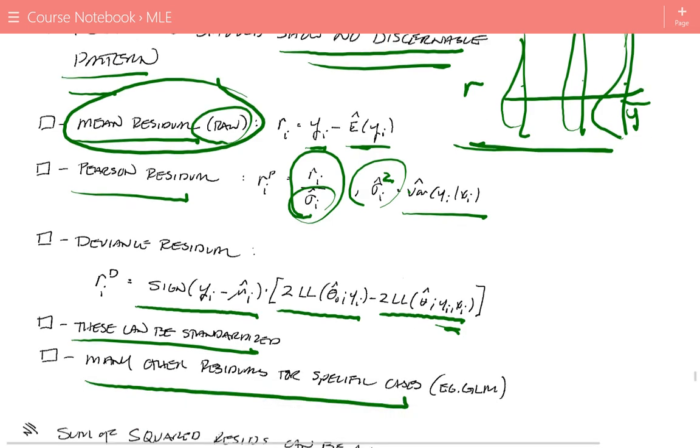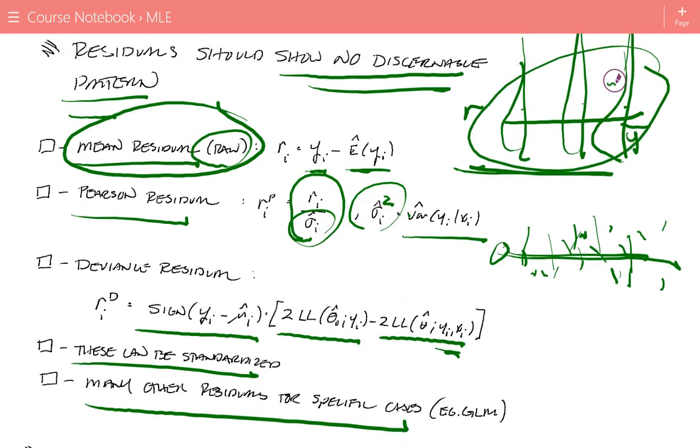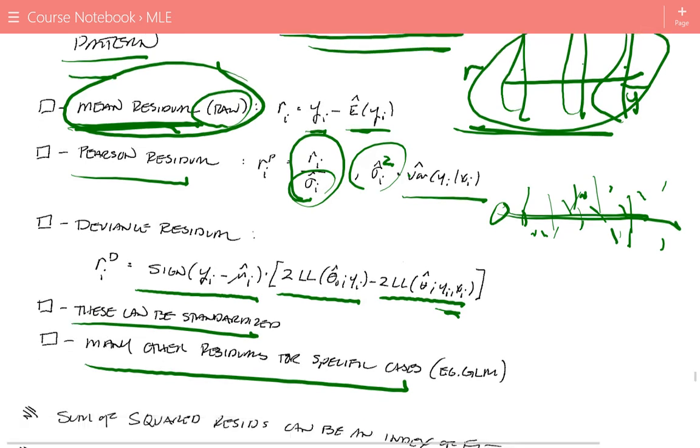Or if it's supposed to be homoscedastic, where the variance is not a function of the mean, then the residuals should be homoscedastic with a mean of 0, just randomly around 0. If it's supposed to be a function of the mean in a certain way, then I should be able to see that. So I actually like using these as a starting point, regardless of what other residuals I want to do.